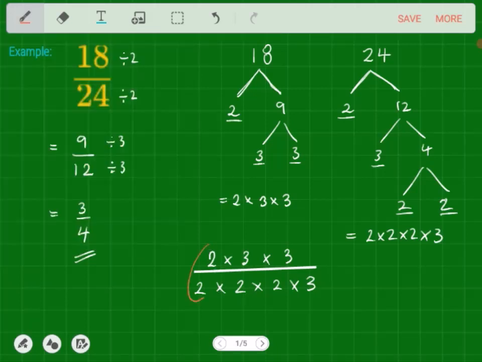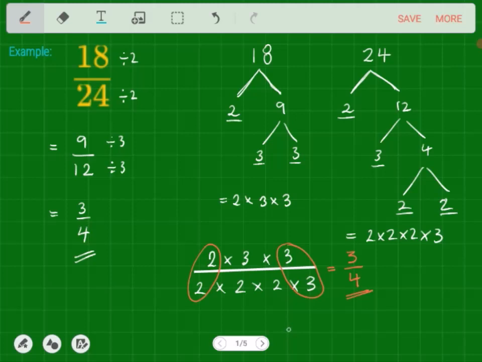So we can see that these will cancel, and these can cancel. And we have none others that cancel. What we're left with, however, is 3 on the top and on the bottom, 2 times 2, which is 4. So there's a couple of ways of doing that. Obviously, this way is probably the fastest way of doing it, but this shows a great understanding of where it all came from with prime numbers.